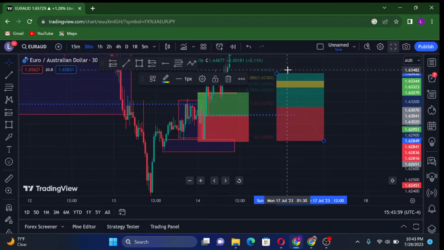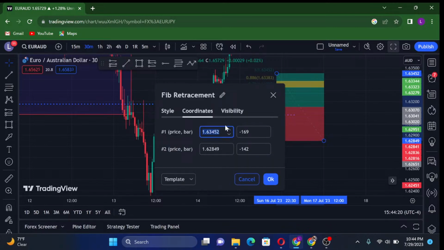If you want to get a Fibonacci like this one of mine, I mean that in the settings, you need to set the same colors, the same whatever you are seeing on mine.